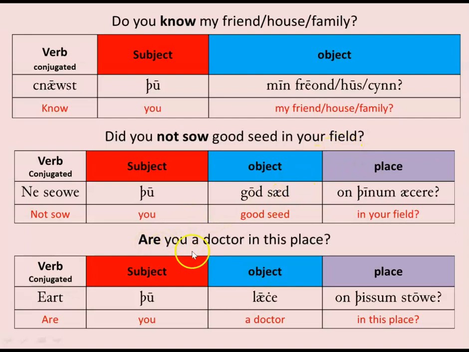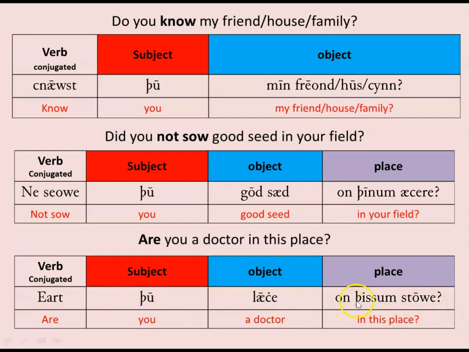Okay, next one. Are you a doctor in this place? So you might be in an unfamiliar place and you're talking to someone, you don't know if they're a doctor. There's a lot of activity happening around you. So you can imagine a question, maybe a little bit bewildered as you ask it, are you a doctor in this place? Because it's no good talking to someone who's not a doctor when you need a doctor. Okay, so start with the verb, ert. Okay, so it's present tense, second person singular. Ert thu lache on thism satowa.